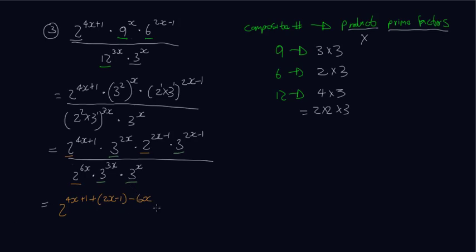So for 3, it's going to be times 3 to the 2x. Then it says multiply, then my exponents are going to say plus the exponent 2x minus 1. Then my exponents are 2. Why? It appears as over, so negative. It's minus 3x and minus x.